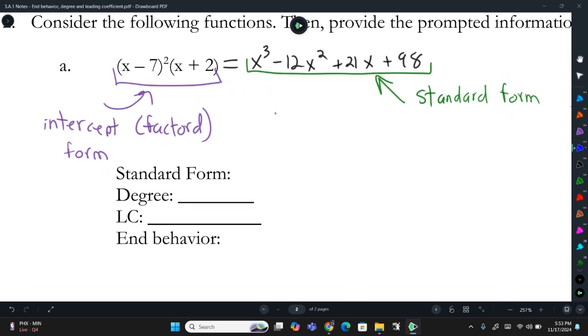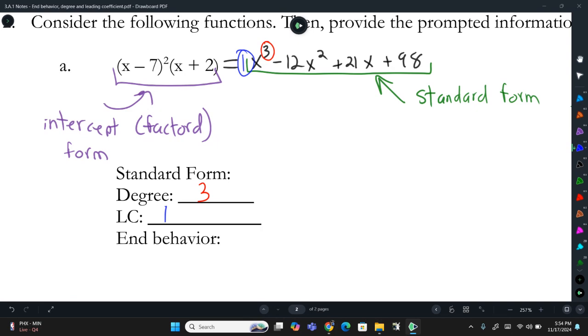All right, so here's our function in standard form, x cubed minus 12x squared plus 21x plus 98. Our biggest exponent is 3. And our leading coefficient, well, there's no number in front of x to the third, so there's an invisible 1 there. So the leading coefficient is 1.